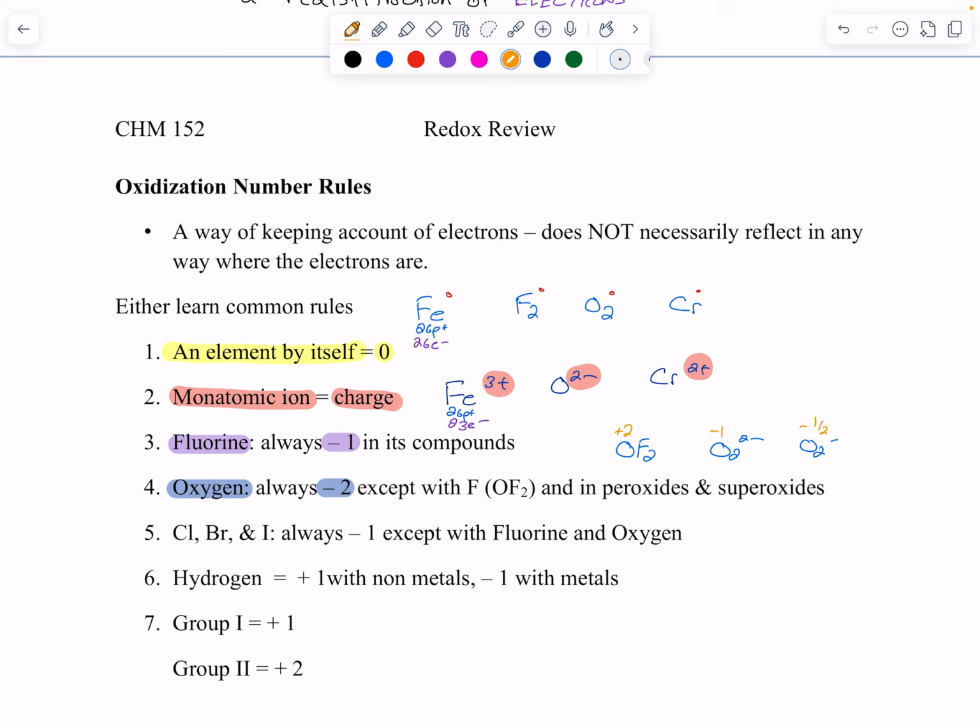Well, how do we get that? Well, glad you asked. You have O and O, right? Well, let's make this a little bit better. So when we bond, 2, 4, 6, 8. Well, how many electrons do we have? We have 13. So there's 8, 10, 12, 13.